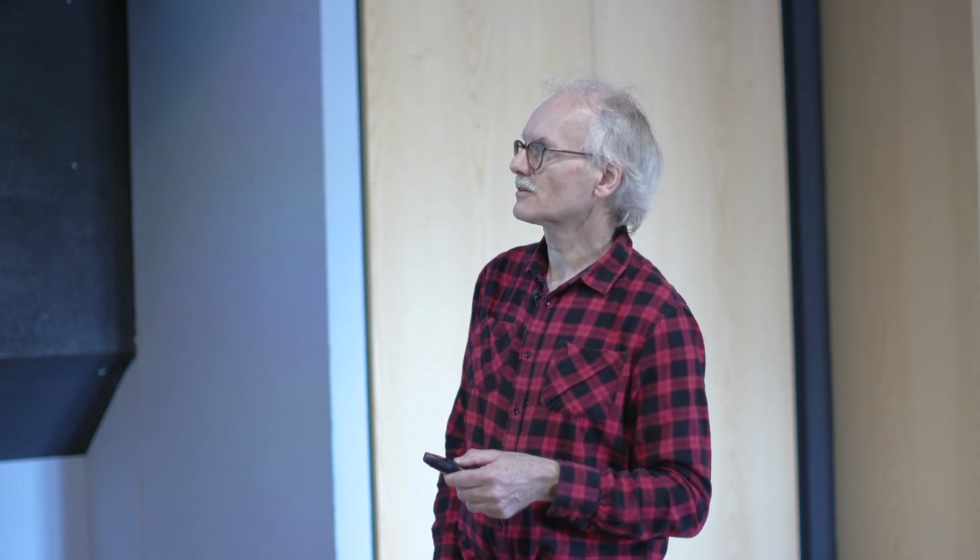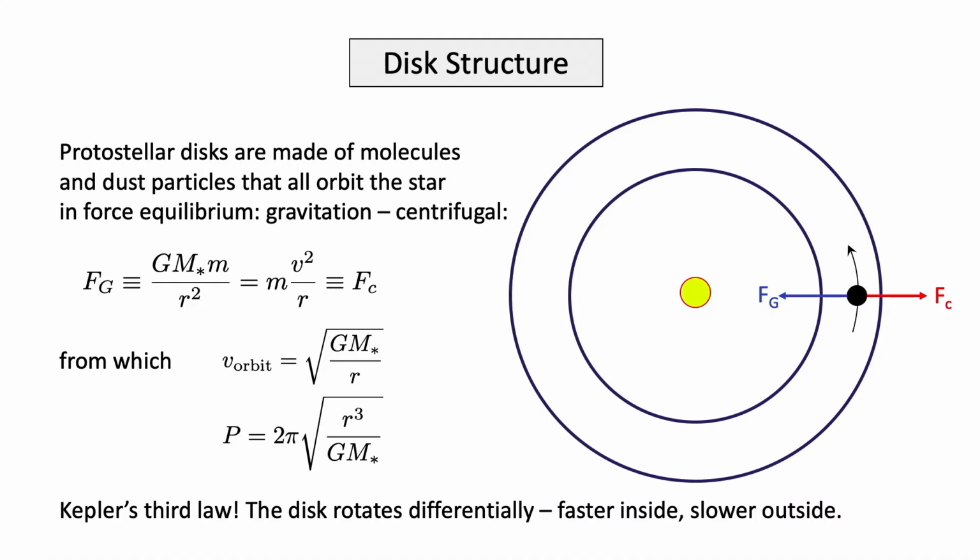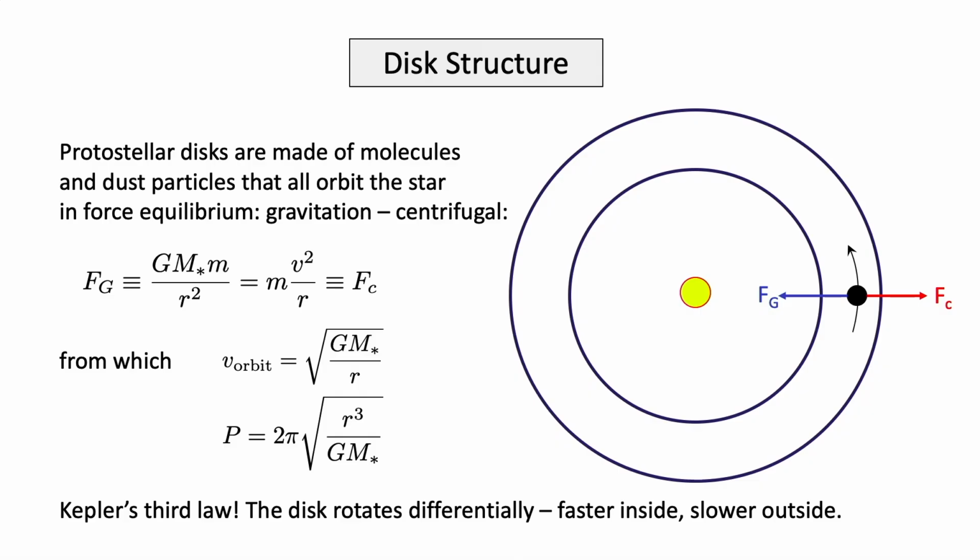We can solve this equation for v, which gives us the orbital velocity. We can solve it for period as well, which gives us the orbital period, and you can calculate planetary orbits that way, the velocity of a planet, if you only know the stellar mass in the center and your distance. This is Kepler's law, and the disk essentially also follows a Kepler law. Not exactly, but it's very close to that. There's a little correction to be made, but I'm not going into this.